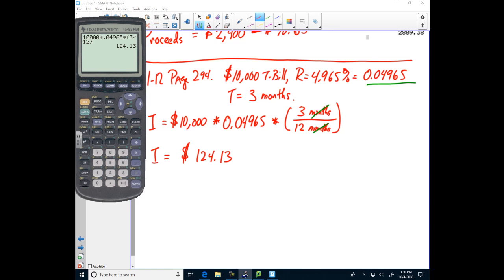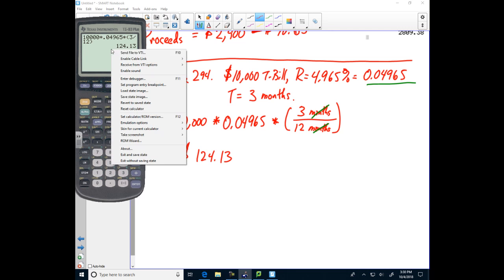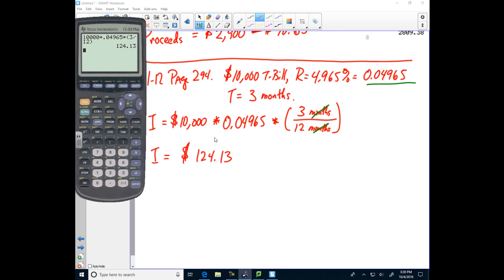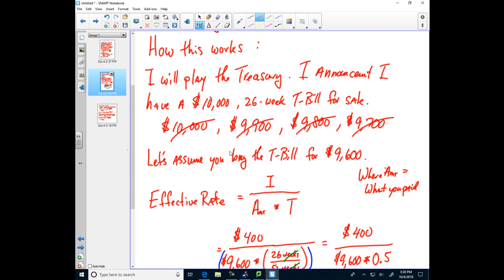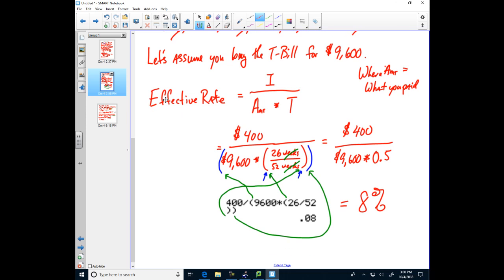Now let me back up here. I'm going to show you something. Take a screenshot. Let me stick this over here. So that's how we got that. Now, go back to the previous page. To get the effective rate, what did you need? Well, you need the amount of interest you're actually going to get. We just calculated that, didn't we? What's this?